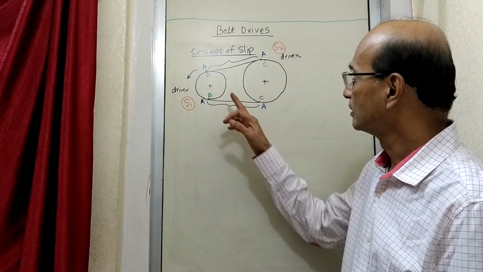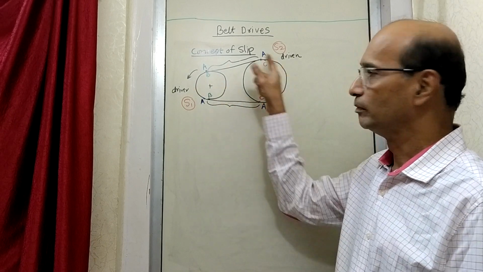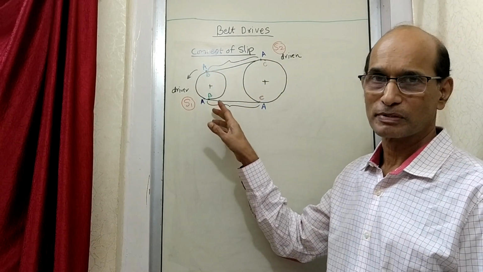So now what happens? What we thought ideally will happen, AB will be together, AC will be together, that doesn't happen. There is some lagging behind because of slip.